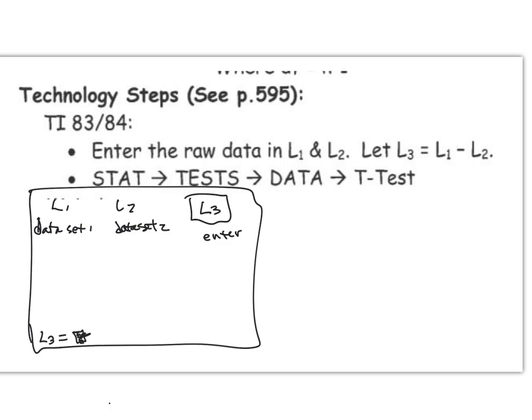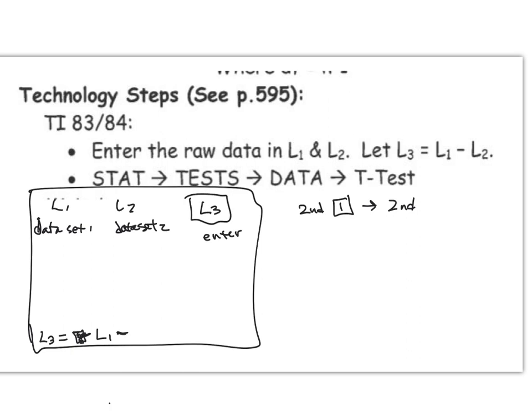When that happens, I want you to push second, hit the 1 button, and down here it's going to say L1. Then do minus, with the minus sign on your calculator.